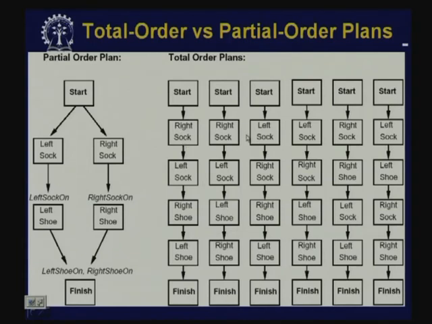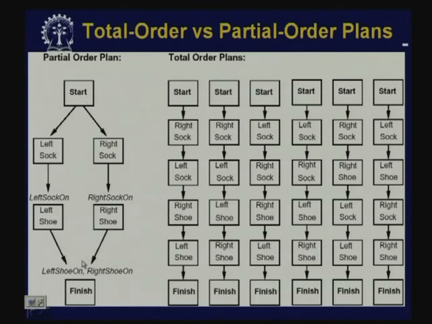These are called 6 different linearizations of the plan. You could either first put the right sock, then the left sock, then the right shoe, then the left shoe, or right sock, right shoe, left sock, left shoe, or there are 6 different choices, as you can see in this diagram. Or we can represent these choices by the partial order plan.